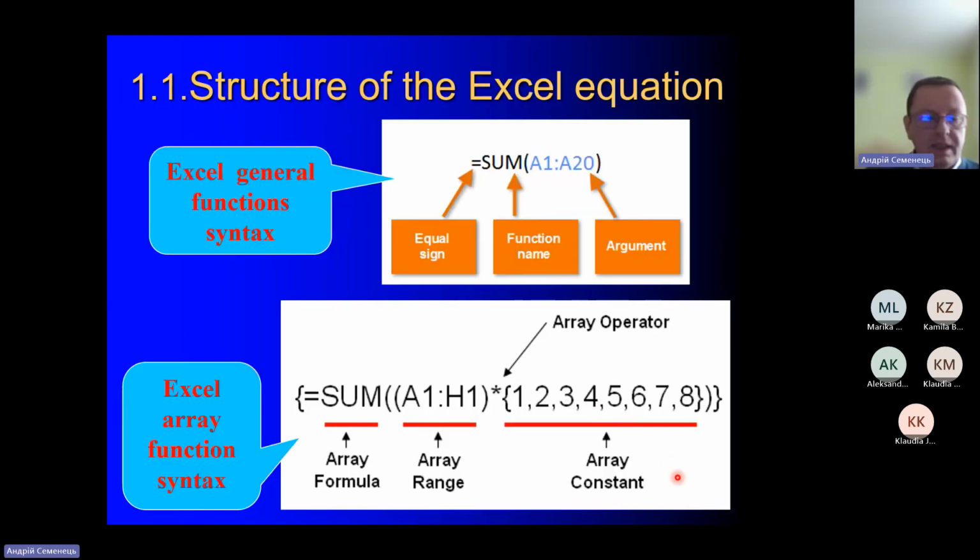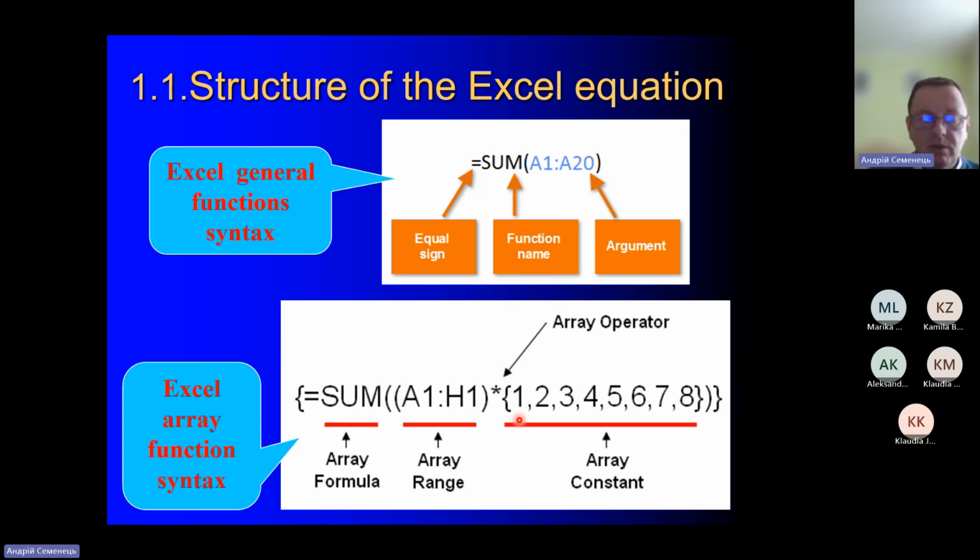Okay, one more case. We have a specific kind of array function which not only expects arguments as an array, but in fact the entire function could be operated over a range of cells at a time, with a specific array constant consequently applied to each one of these cells.